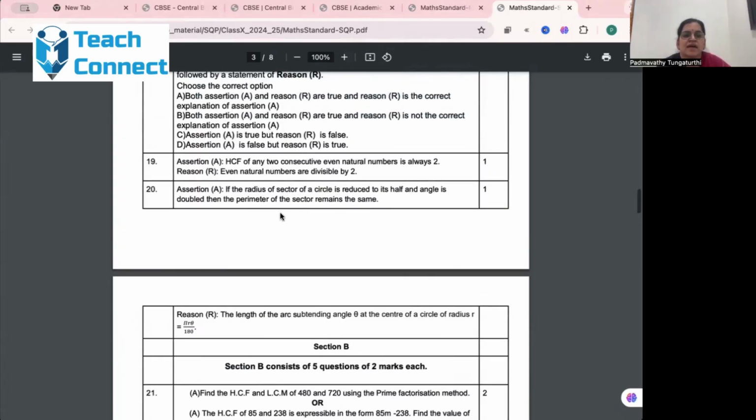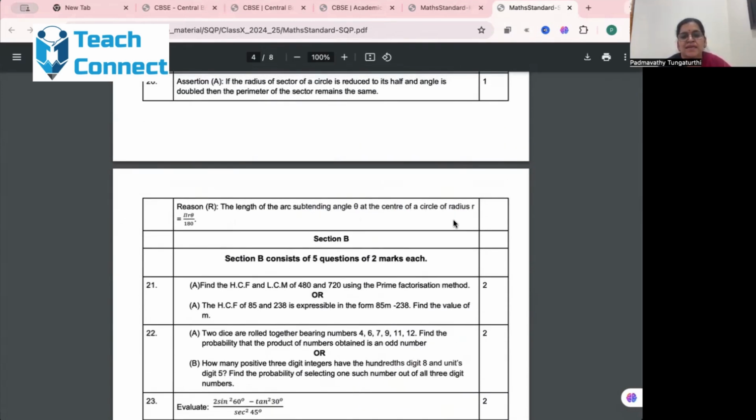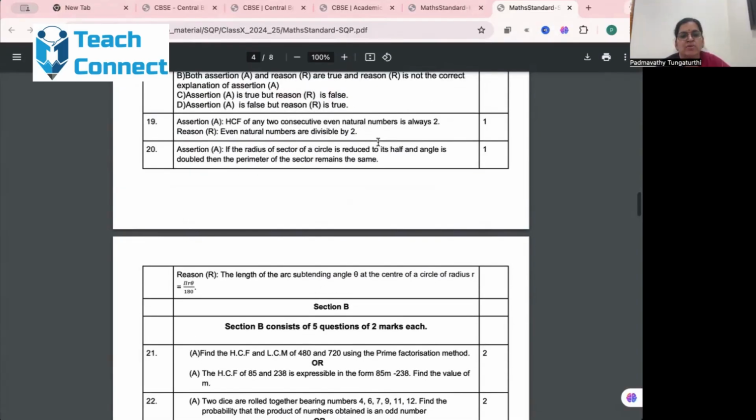Assertion A is false, but the reason is true. The length of the arc subtending angle theta is true, but the assertion is false. That's how questions 19 and 20 work.